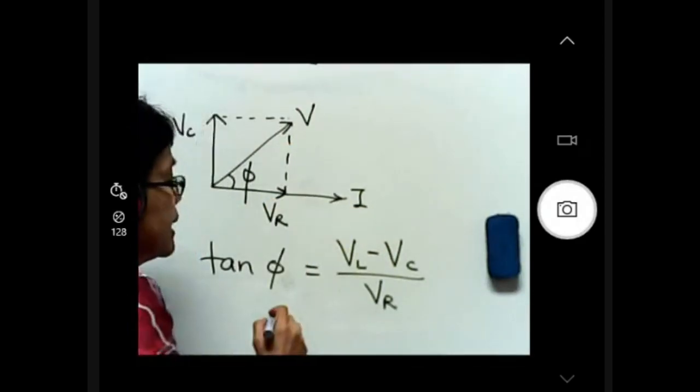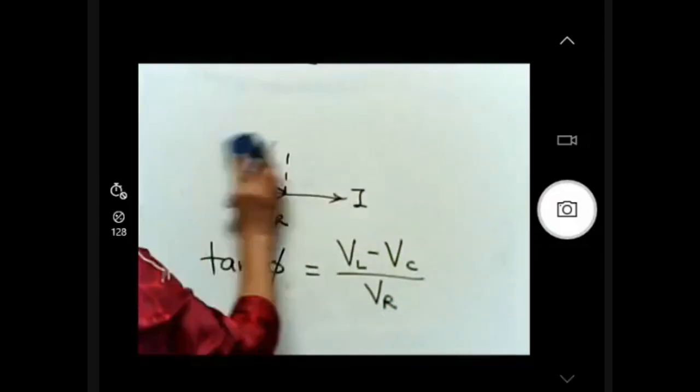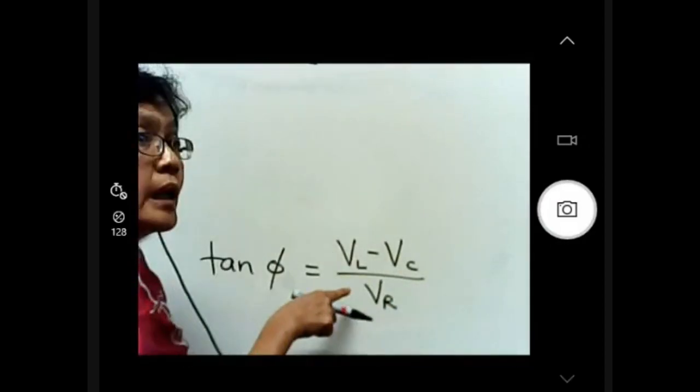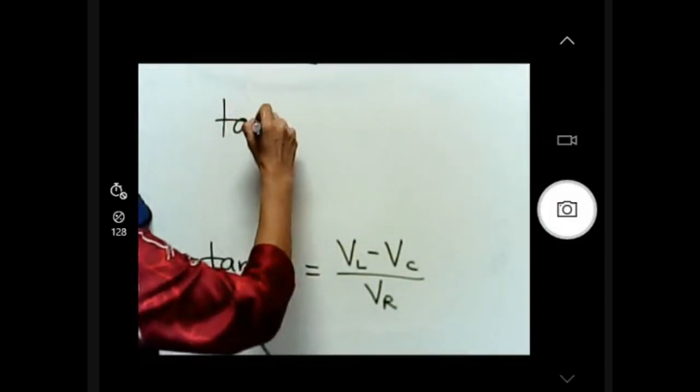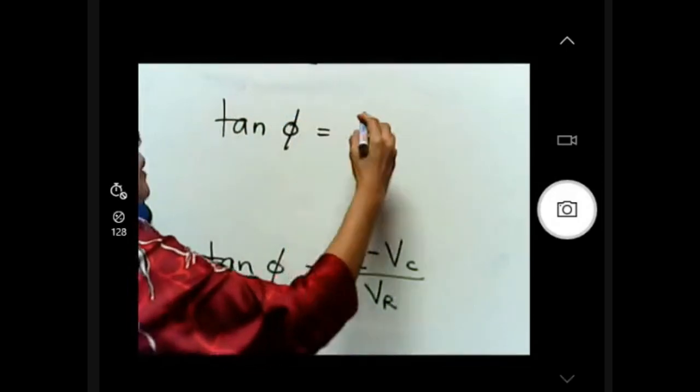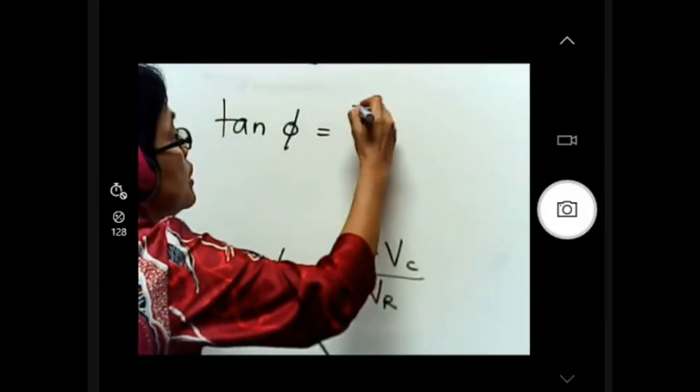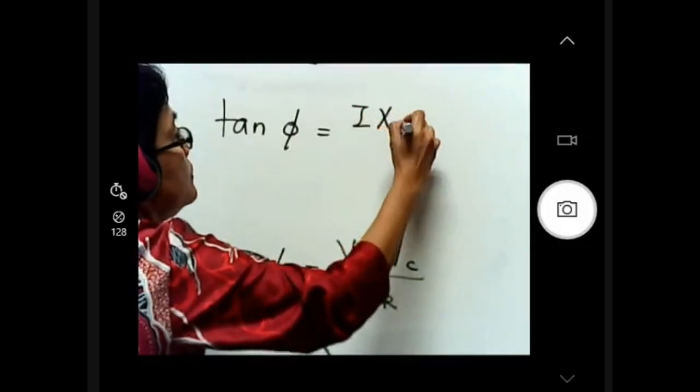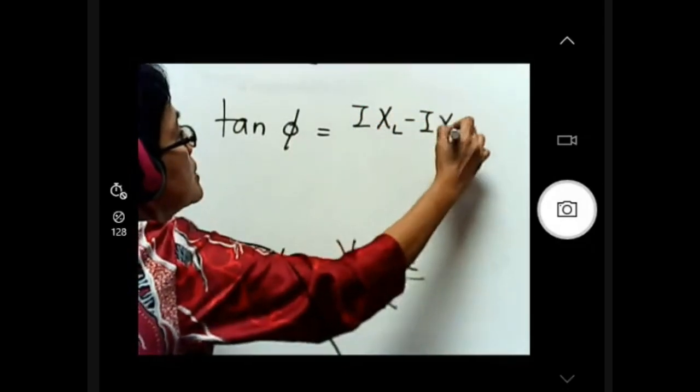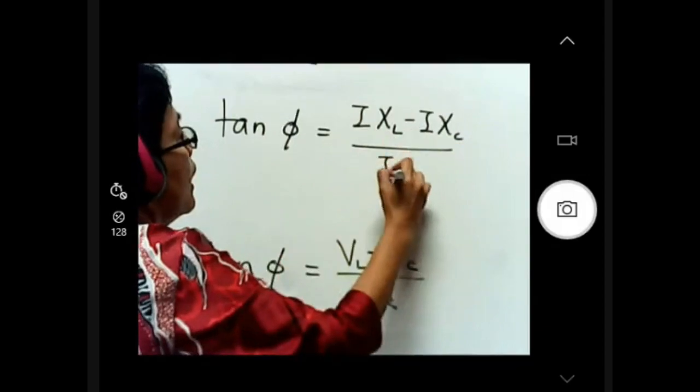Phase angle. Okay. I can also elaborate this. That means tangent phi, phase angle, equals to, using Ohm's law, IXL minus IXC divided by IR.